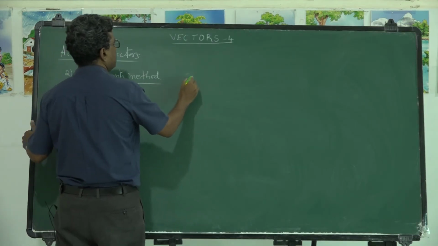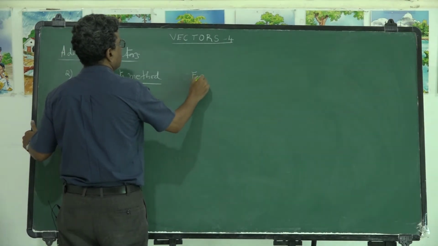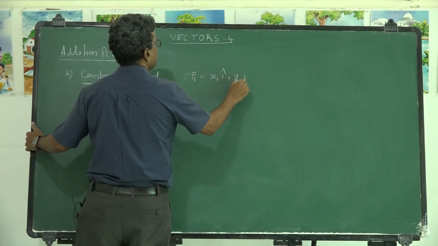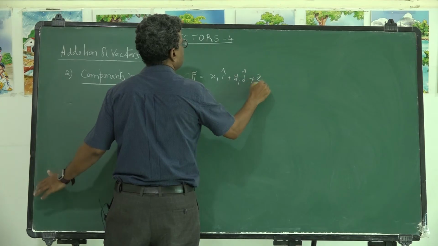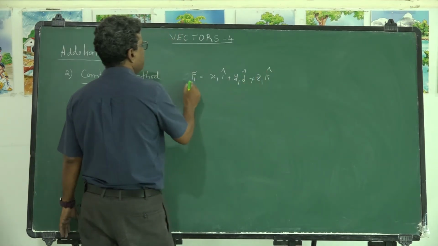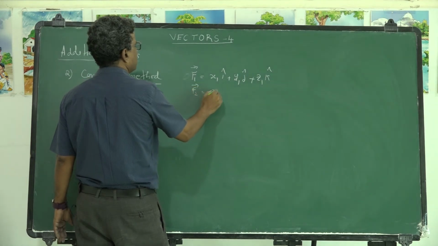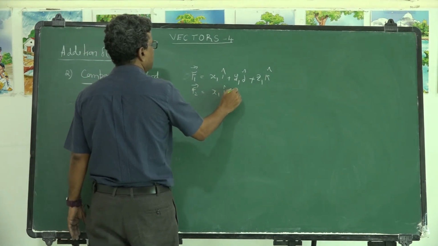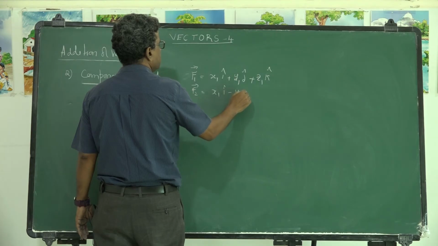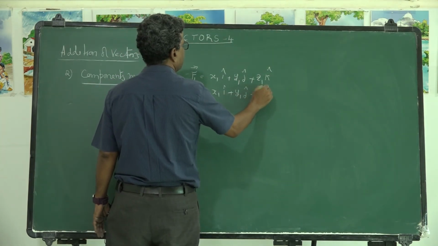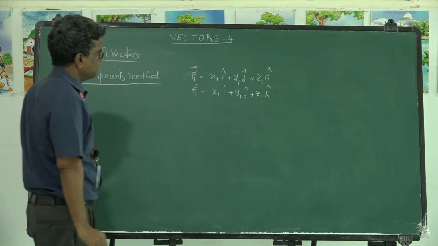I will explain with the forces: x1 i cap plus y1 j cap plus z1 k cap, let it be the first vector F1 bar, and F2 bar, x1 i cap minus y1 j cap plus z1 k cap. Let it be like this.